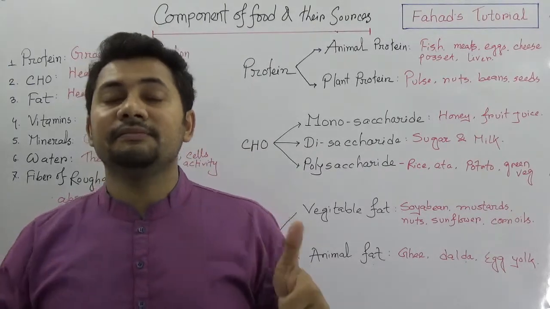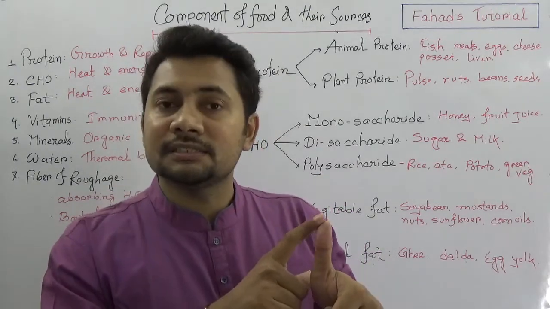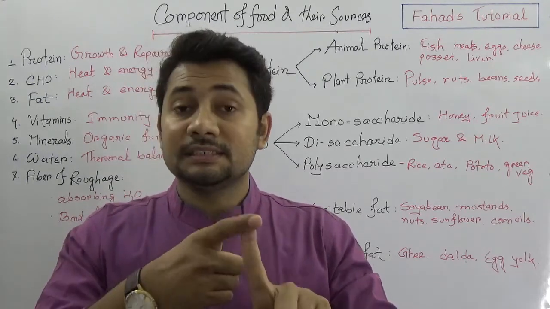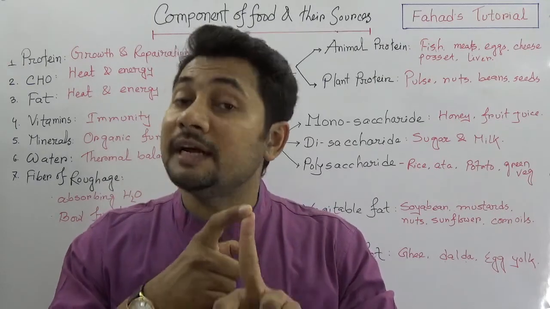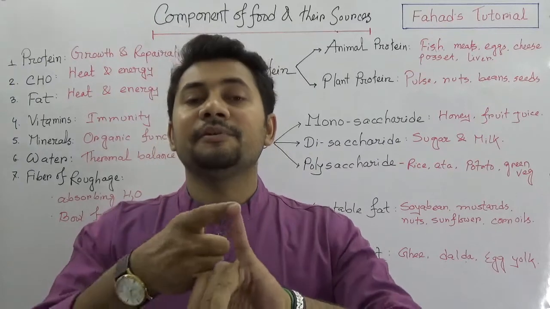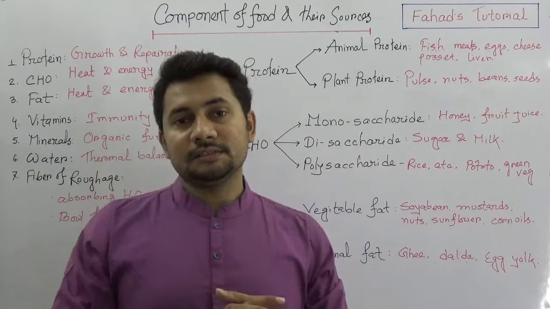So the definition of food is a substance that is digested and absorbed within the body, then helps repairing it, staying healthy, supplies nourishment for vital activities, protection from disease, and produces heat and energy. This substance is known as food.